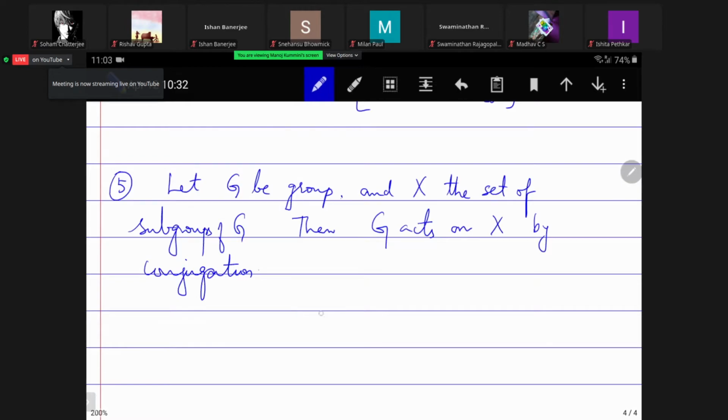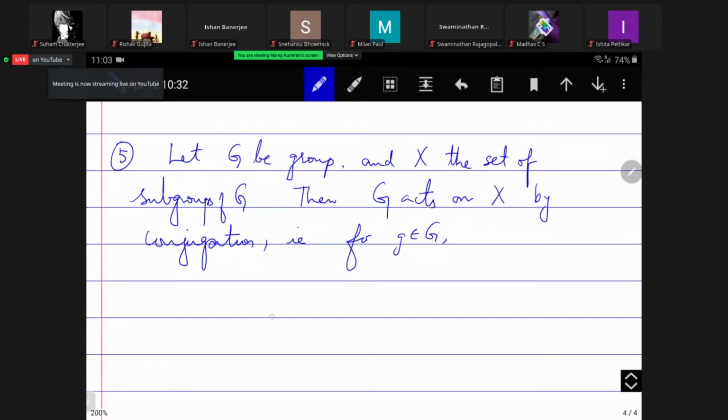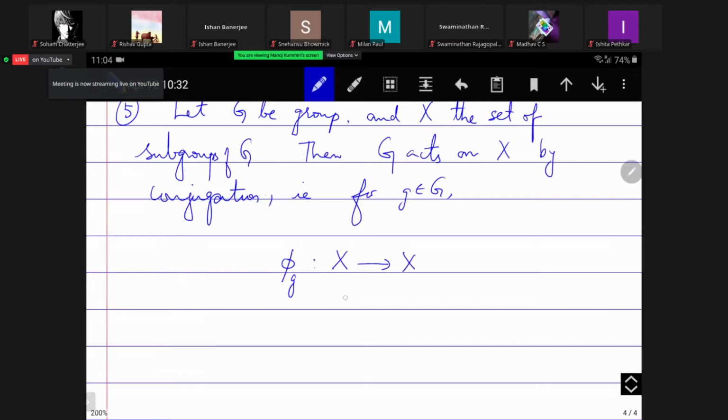We need to get a map from X to X. So let g be in G. For g in G, phi g, which is a function from the set of subgroups of G to itself, is the function which sends a subgroup H to its g-conjugate.